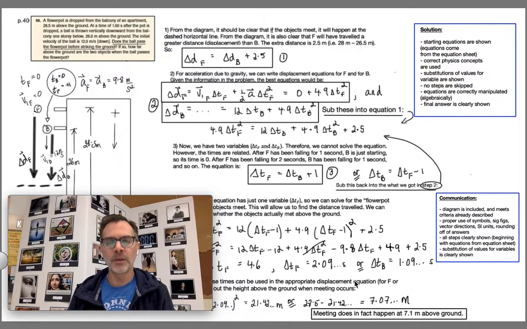So there is knowledge. You have to know that this is acceleration due to gravity. There's thinking and formulating a plan. You have to put together all of these thoughts. And then application, of course, is joining the displacement idea, the time idea, the balcony idea, and so on.